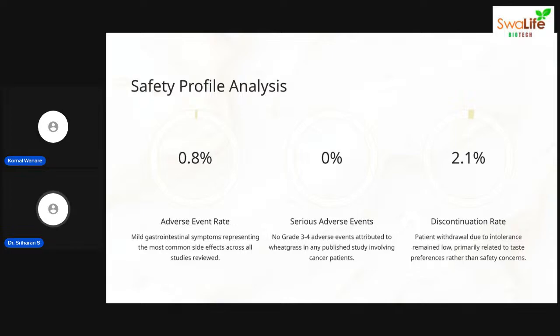The ADR event rate is only 0.8 percent, and no serious adverse events have been reported till now. The discontinuation rate is also very low, only 2.1 percent. Most patients discontinue due to taste preference alone. So this is the safety profile.